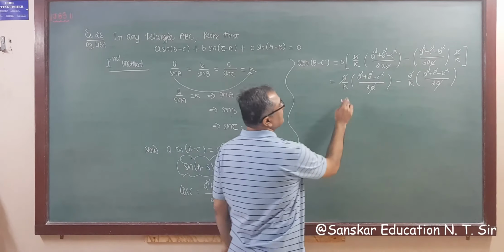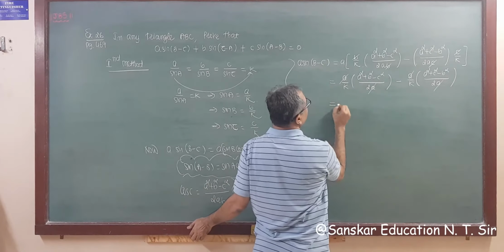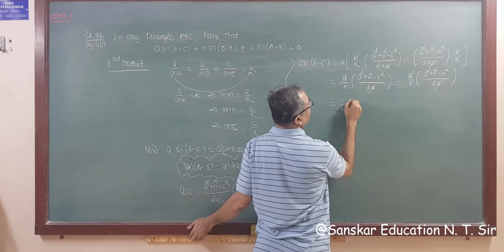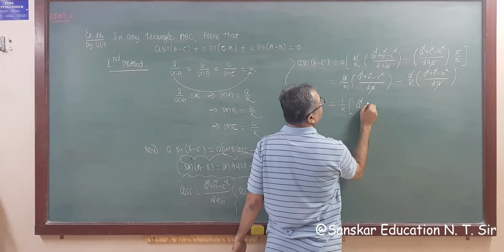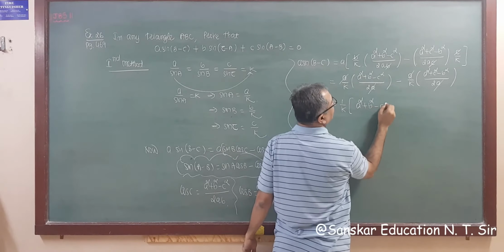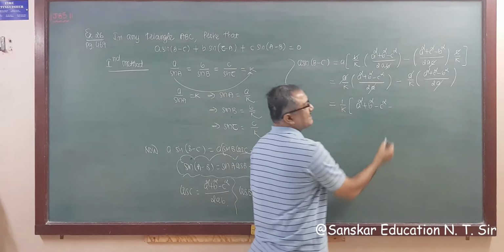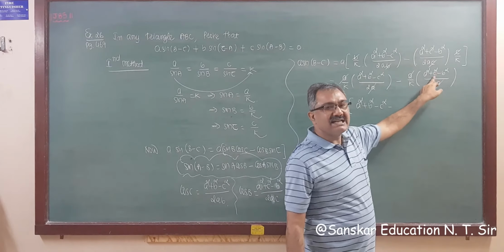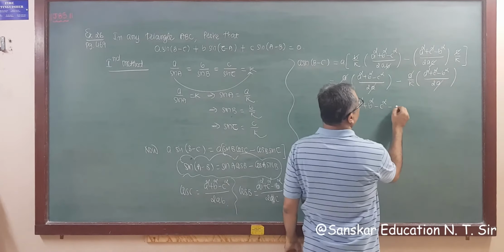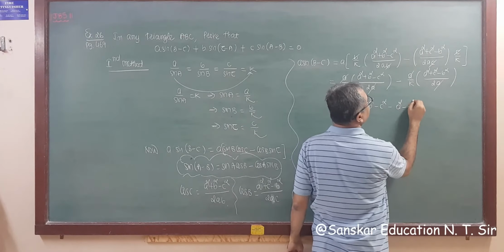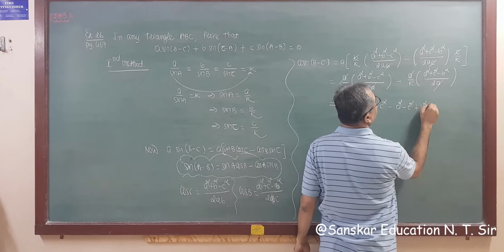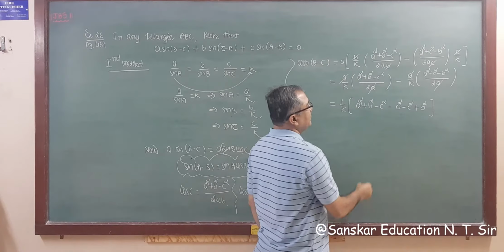So remaining is 1 upon K, which is constant. So 1 upon K constant, and the remaining term will be A square plus B square minus C square, minus means plus becomes minus and minus becomes plus. So minus A square minus C square plus B square, right?